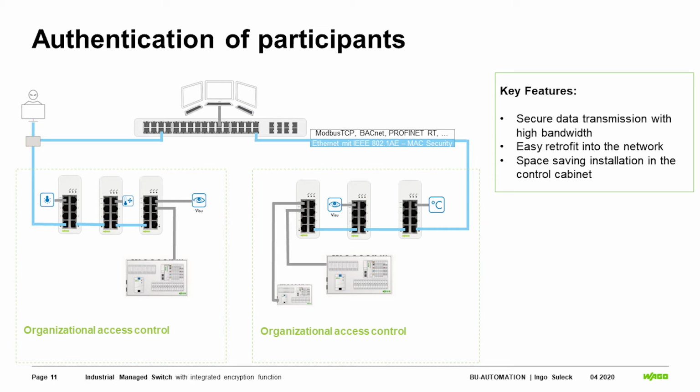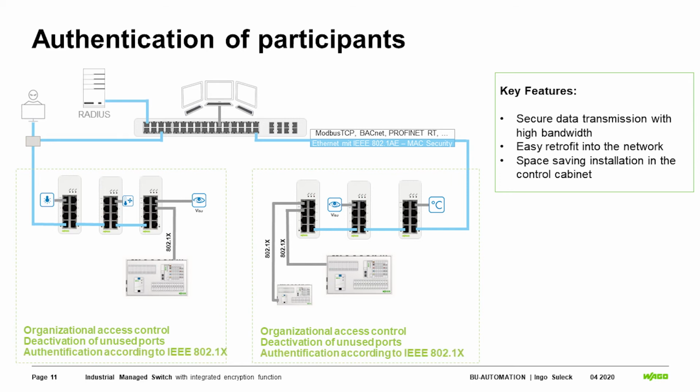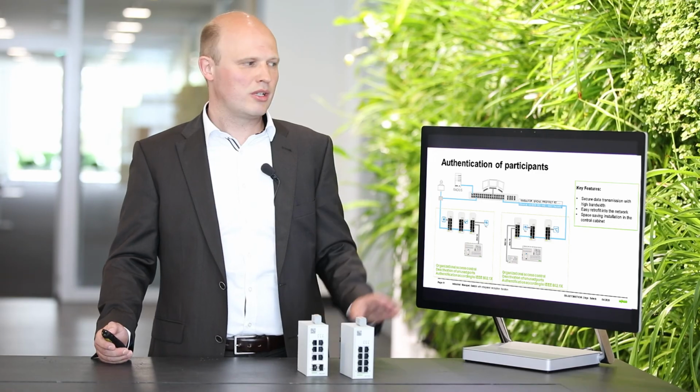The second point is if you deactivate every port that you don't use, the security is raised a little bit. And the next step is that only people and only computers that are using authentication can be a member in the network. That's the next level. And this feature that we support with the switch, I will show you in the next slide.